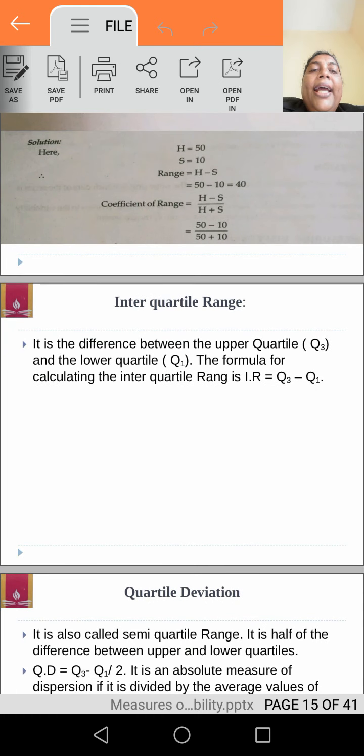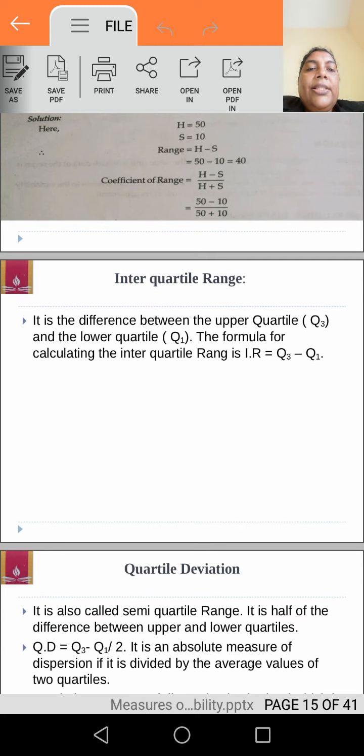Let's see the next measure of dispersion, that is interquartile range. Already we discussed in the previous class about the quartile deviation, decile deviation, percentile deviation, etc. Here, quartile deviation means we divide the entire data into 4 equal parts, and the range we identify by interquartile range is equal to Q3 minus Q1.